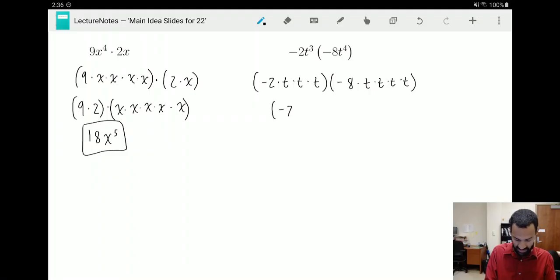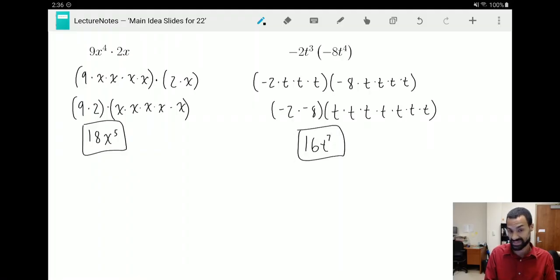Negative 2 times negative 8, I can multiply those together. And then we have all these t's. We got 3 t's from the first factor, and we have 4 t's from the second factor. Okay, and so negative 2 times negative 8 is positive 16, right? And then we have 7 t's being multiplied together, so we're going to have the seventh power. 16t to the seventh power. Okay, that is not the most efficient way to do that, right?